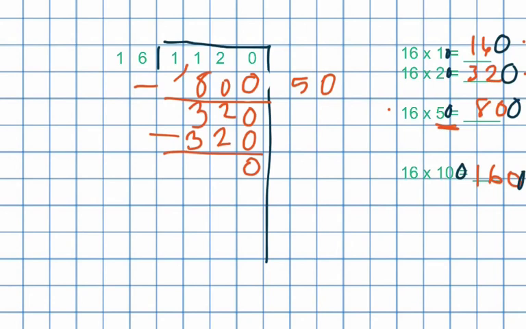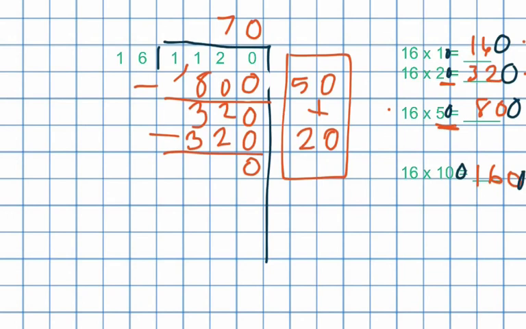And I'm thinking to myself, 16 times 20 equals 320. So I put my 20 on the right of my bar, and then my quotient, the answer to my division problem, is simply 50 plus 20. And that gives me 70. So my answer would be 70.